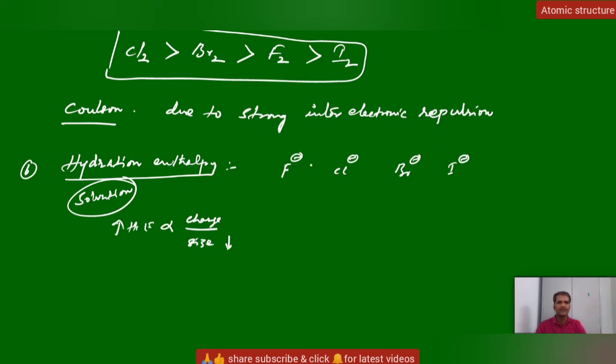Fluorine, chlorine, bromine, iodine, fluorine size is very less. So fluoride ion is having high hydration enthalpy than chlorine, then bromine. This is much higher compared to the chlorine, bromine and iodine. Similarly, lithium also. If you see, in case of first group A elements, lithium is having high hydration energy. The abnormal behavior of lithium, this is one of the factors also.